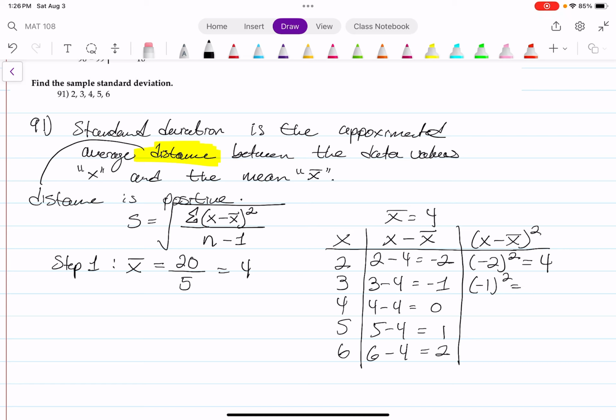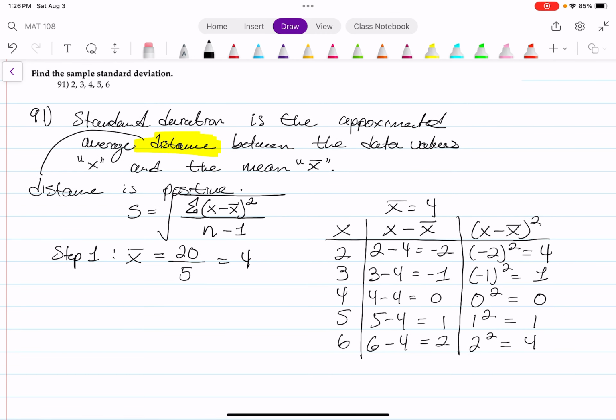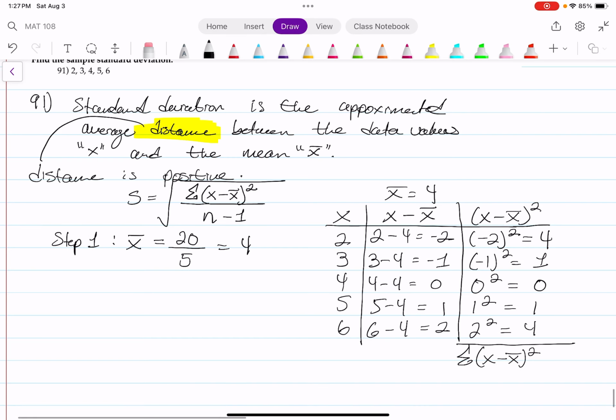Negative 1 squared is positive 1. 0 squared is 0. 1 squared is 1. And 2 squared, once again, is 4. Now we can find the sum of the squared deviations. So we're going to add up these values, and when you add it, that equals 10.